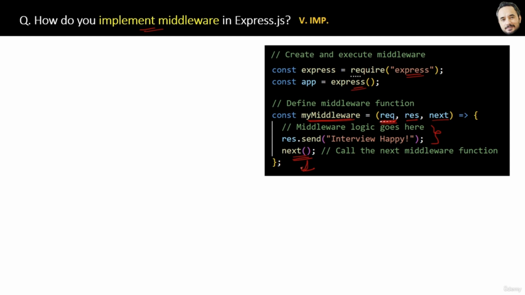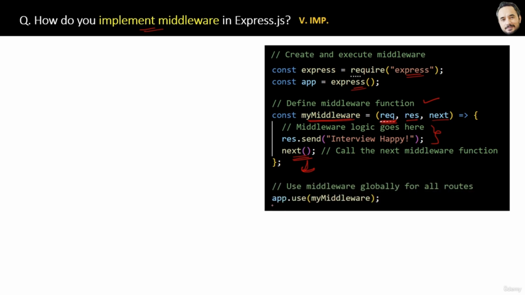Alright, until now we have just defined the middleware here, same like a function. But we have not yet called it, right? So to execute or call the middleware function, we can use the use method of the Express application server and pass the above middleware name as an argument.